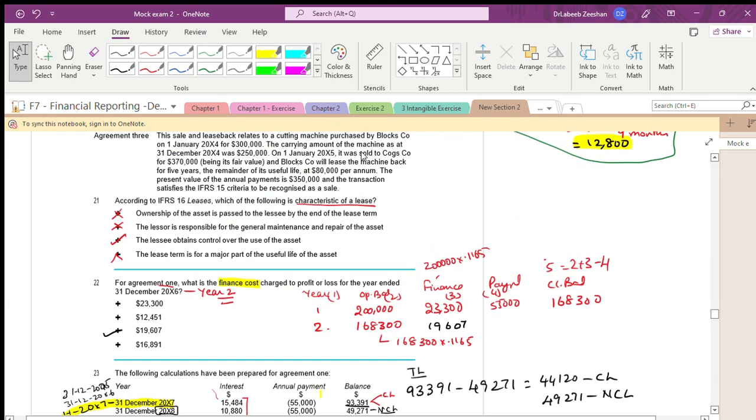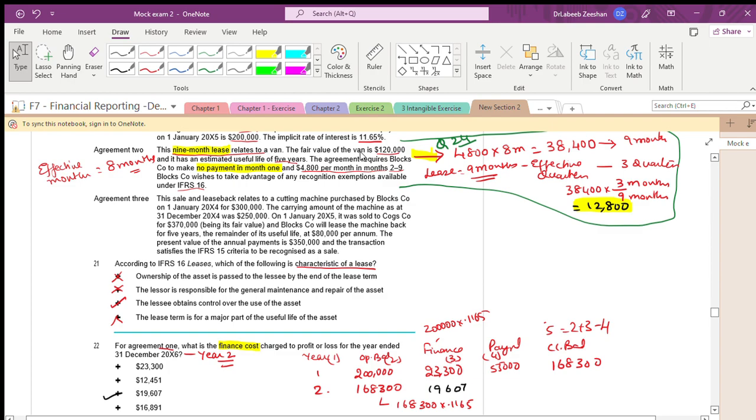What is agreement 3? The sale and lease back relates to a cutting machine. Purchased for 300,000. The carrying amount is 250,000. On January 1st, it was sold for 370,000, being its fair value.